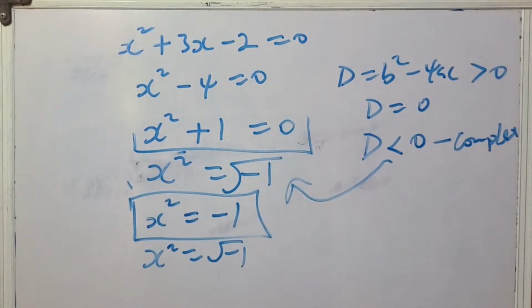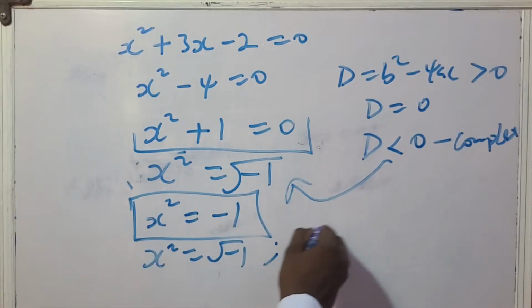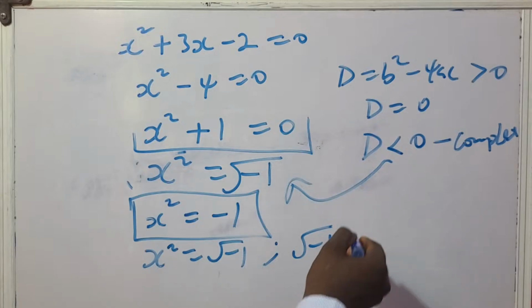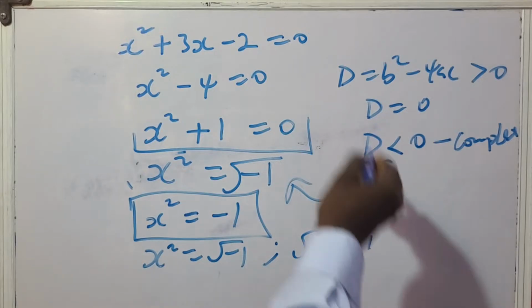And we could not solve for x. So what we have to do now is to represent our square root of minus 1 with a symbol i. So wherever you see square root of minus 1 now, we will be representing it with i.